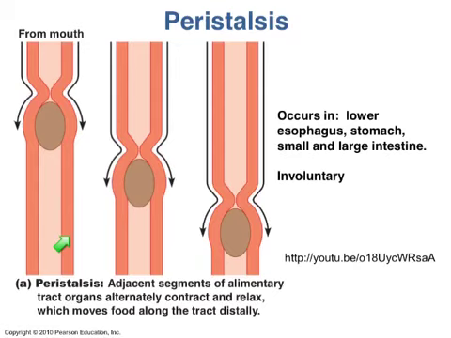And you see peristalsis happening in the lower esophagus, in the stomach, and in the small and large intestine. In the large intestine, you actually have big waves of peristalsis that occur a few times a day, moving big boluses of food through the large intestine, or, well, by that point it's mostly waste products.